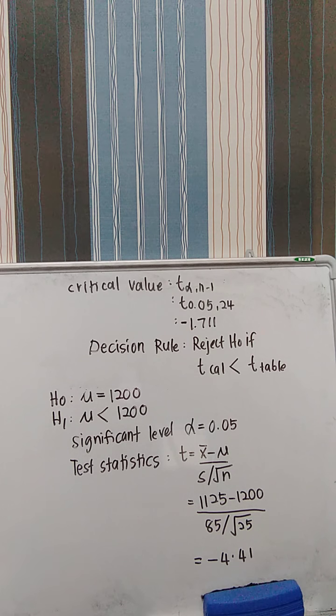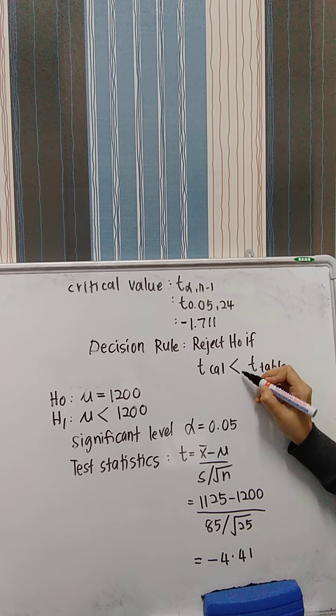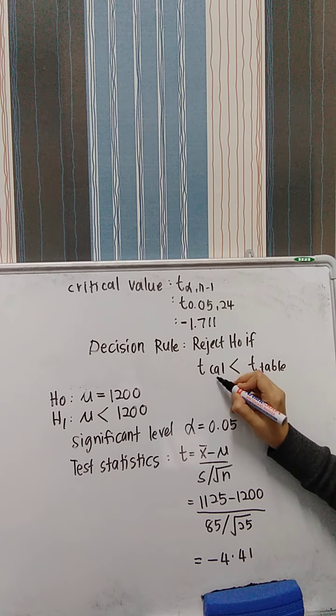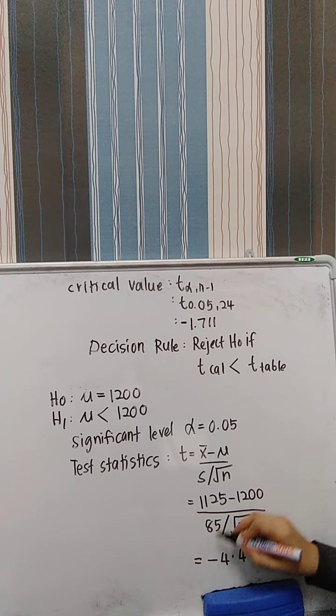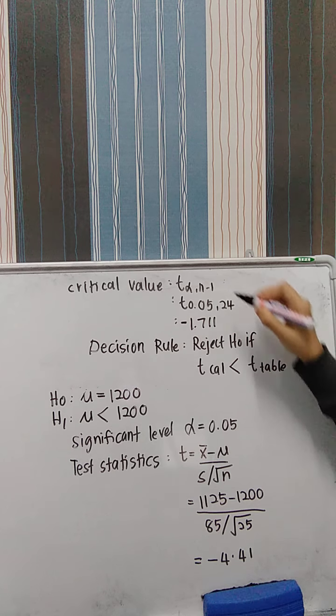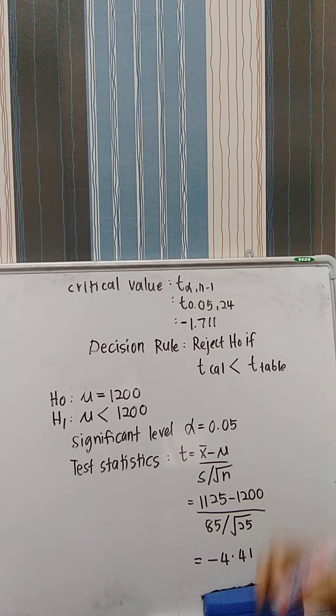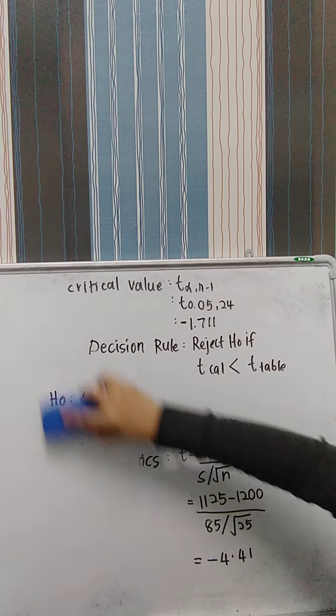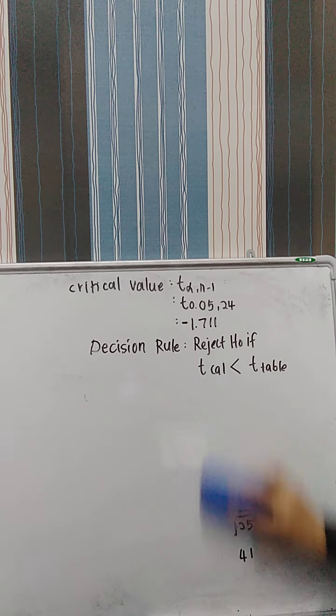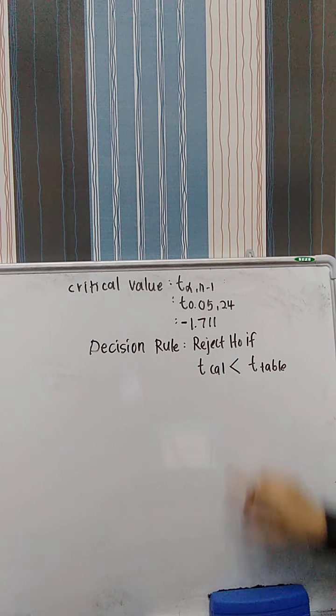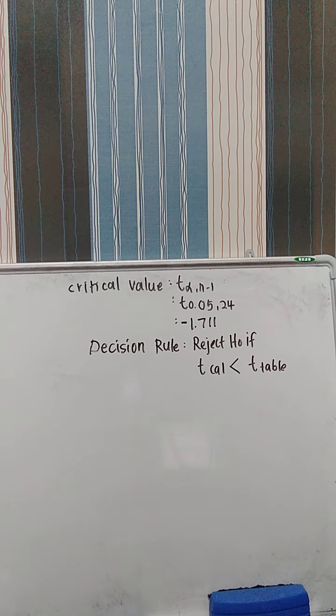You reject H0 if T calculate, the T statistic here, is less than T table, T from the critical value.